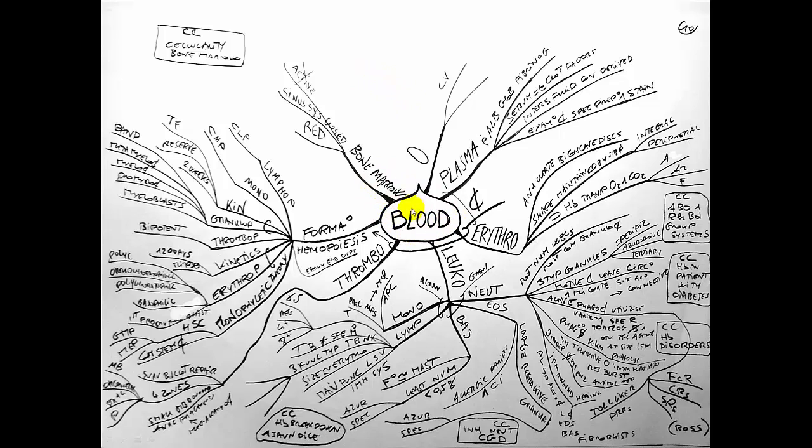So here we have blood, plasma, what is in the plasma, erythrocytes or erythro for red blood cells, leukocytes for white, thrombocytes for the platelets. Not sure what this person means by forma, but anyway, bone marrow, what does it have to do with blood?